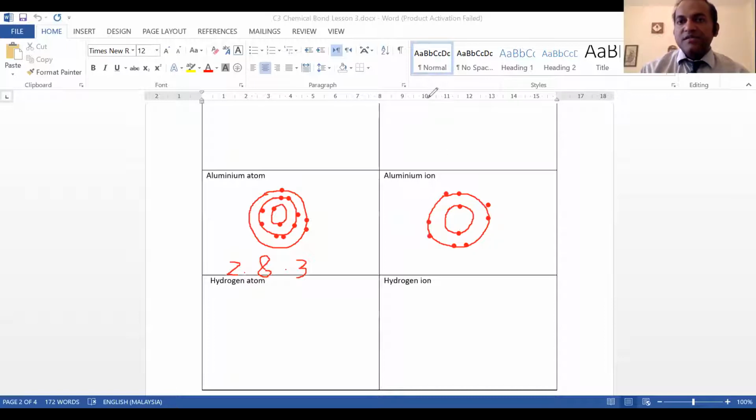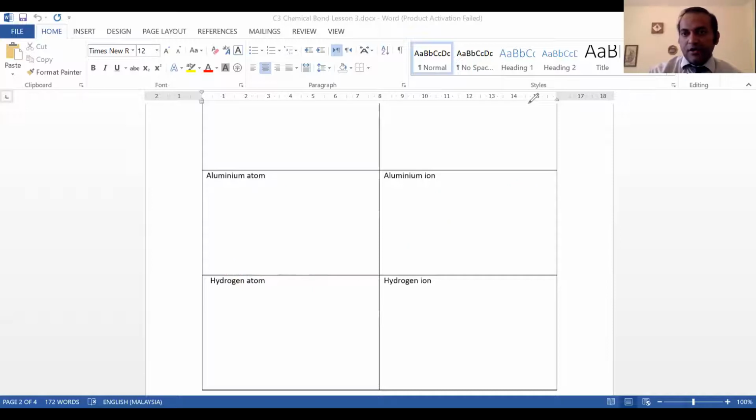Because this is an ion, we need to put a bracket. How many have donated? Donated 3. If you donate 3, you become 3 plus. So this is a positive ion.